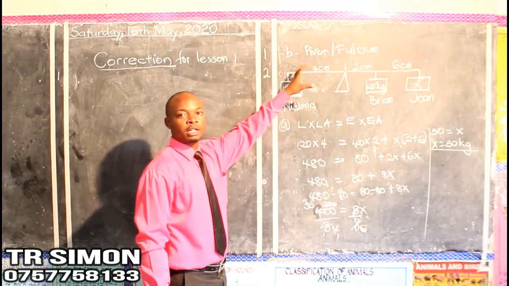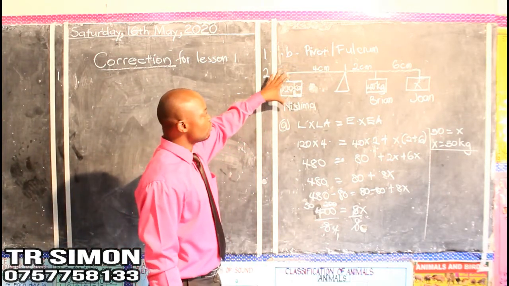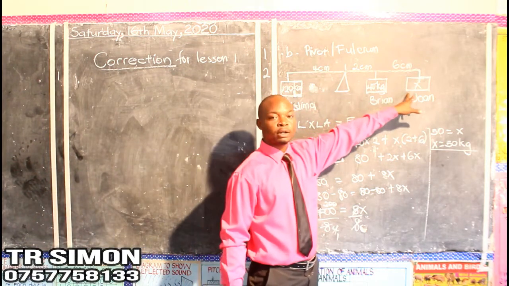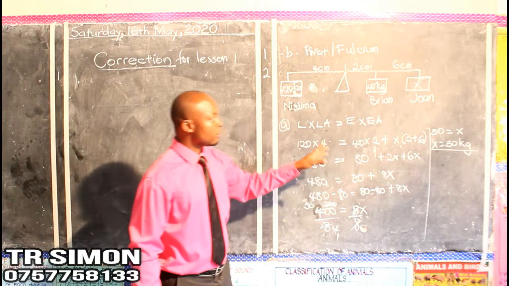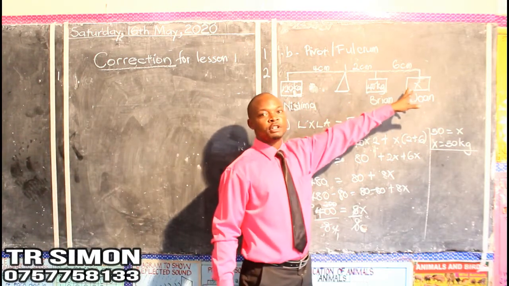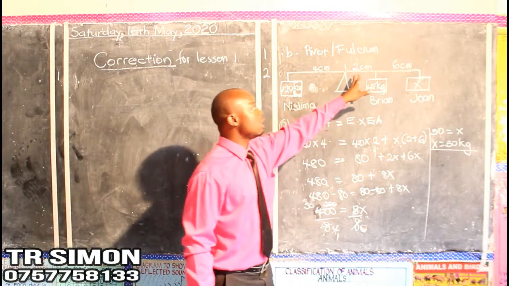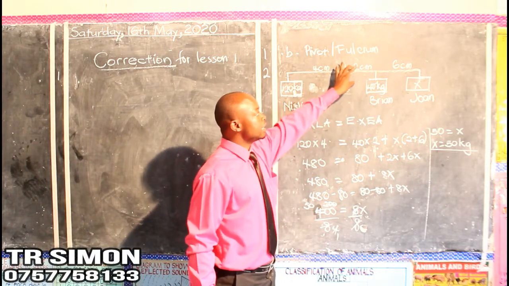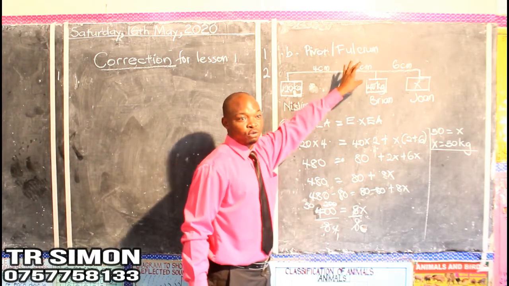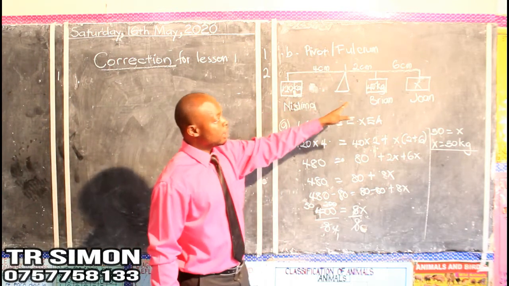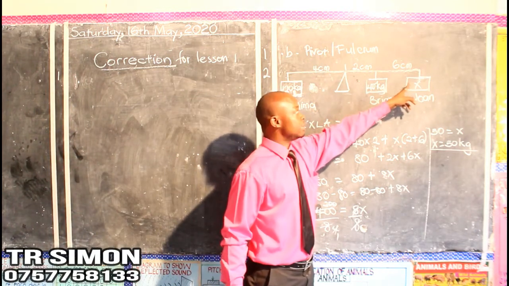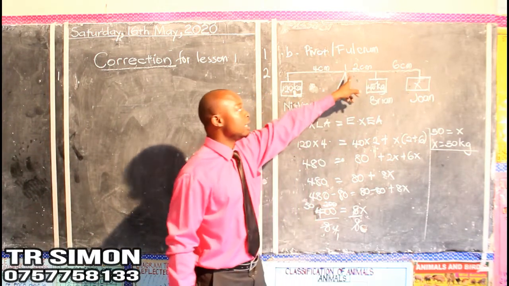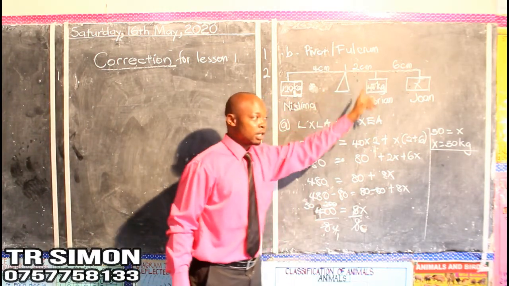Yes, on the number 2. And we're seeing where we need to find the weight for Joan. But remember, Joan is moving this distance, A and B, while Brian is only moving this distance, A. So we should find the weight of Joan, considering the distance marked 6 centimeters and the distance marked 2 centimeters.